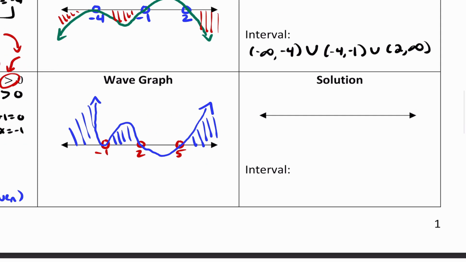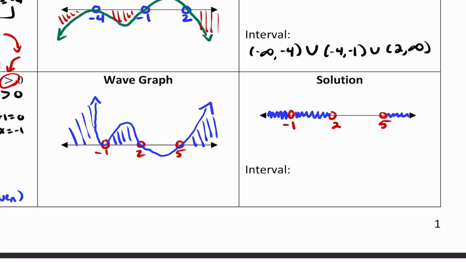Okay, so let's figure out the solution of this thing. So -1, +2, +5, all of these are open dots. And then we see some shading on the left side of -1. And then shading between -1 and 2. And then some shading to the right of 5.